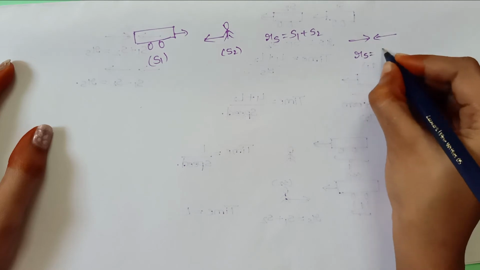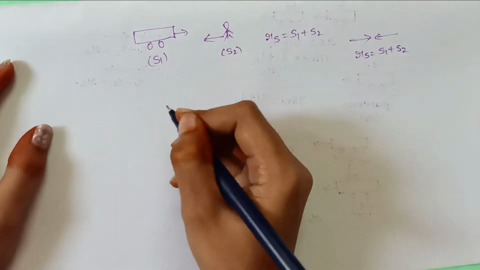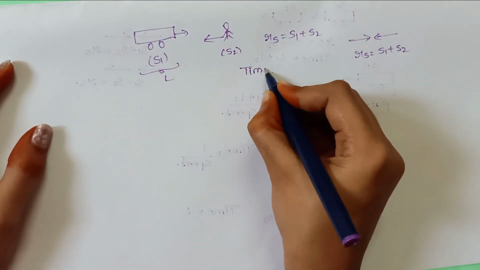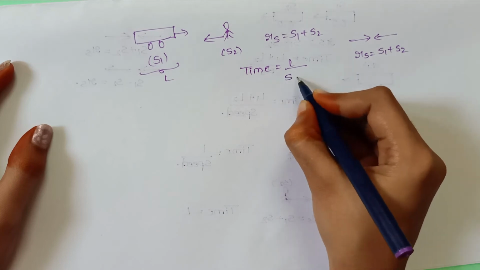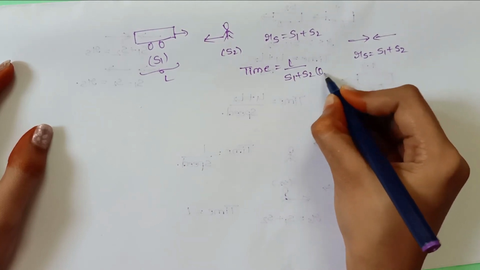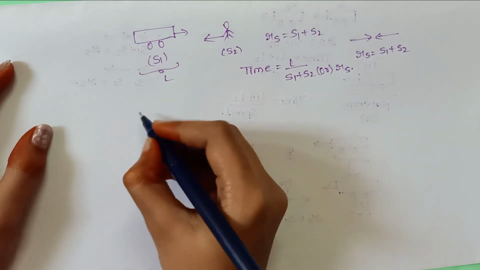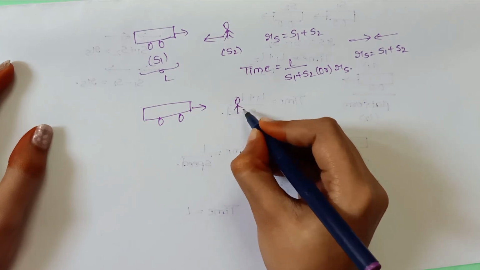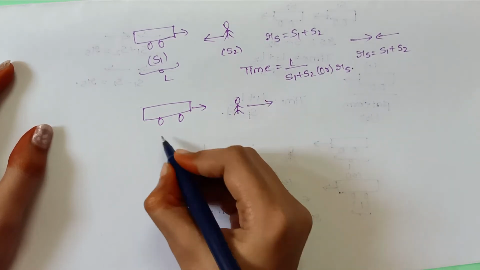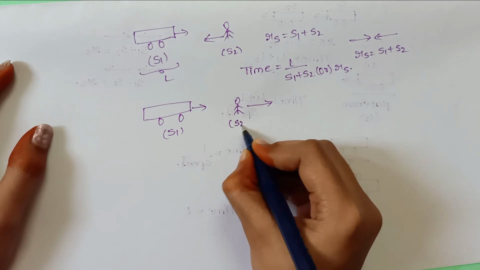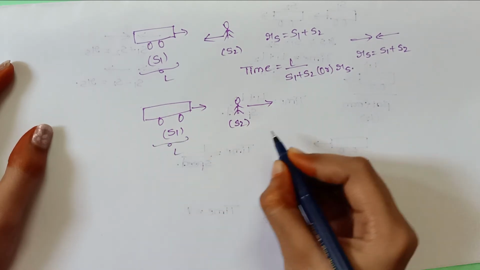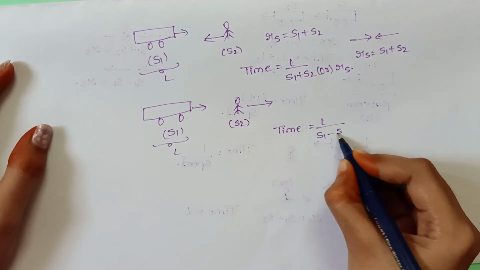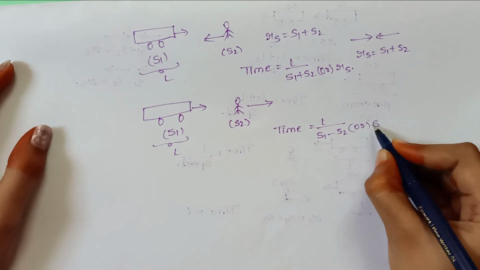This is the length L. So time is equal to L by S1 plus S2, or RS. If a train is moving and the person is also moving in the same direction, with speeds S1, S2 and length L, time is equal to L by S1 minus S2, or RS.